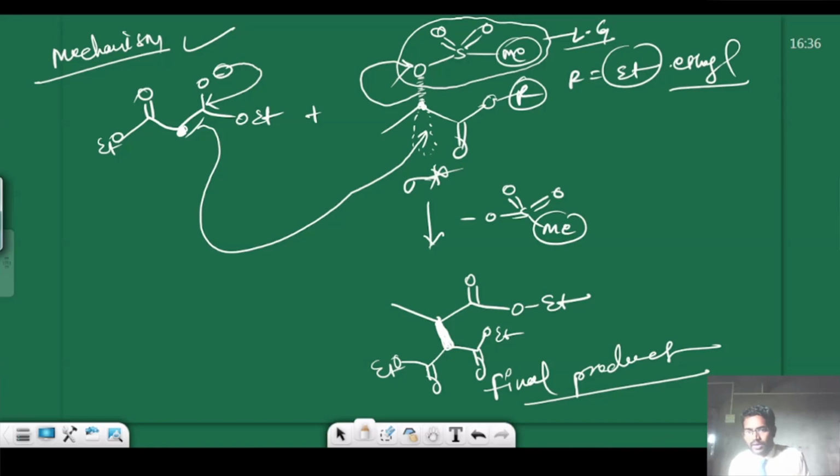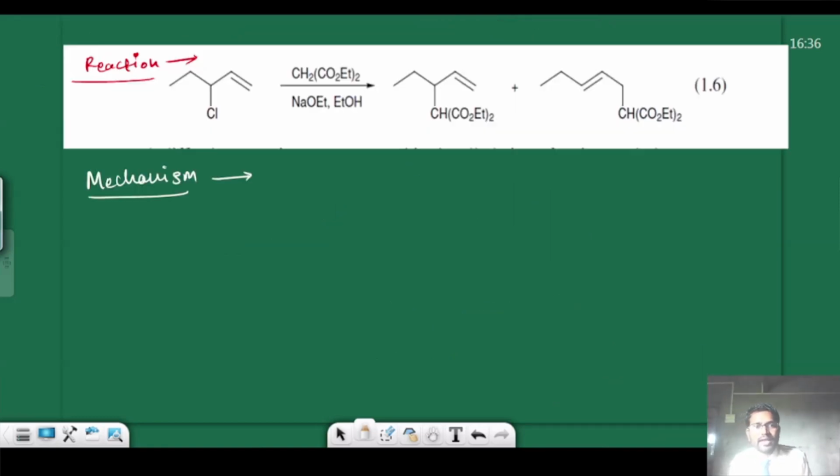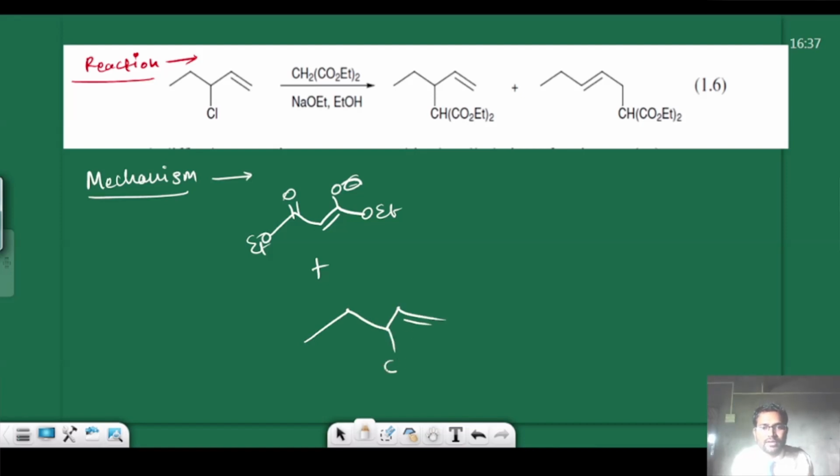Now, the next reaction that we need to understand is very, very important. When we treat the same enolate anion we used here with this particular substrate, what will happen?